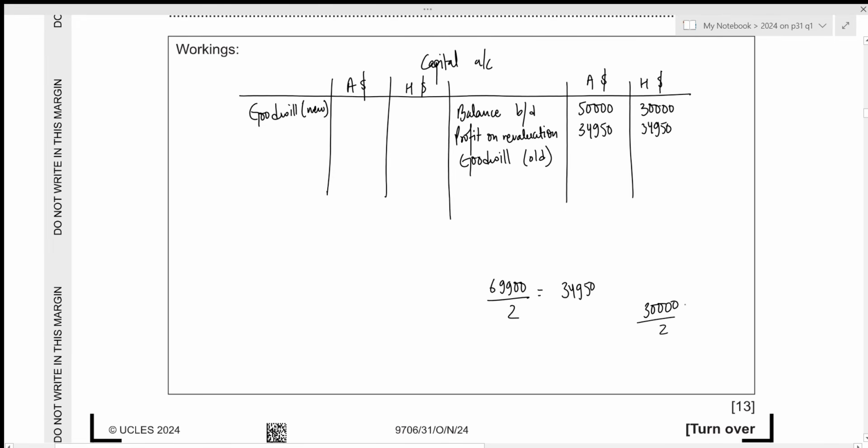If we divide it equally, that will be 15,000 each. So 15,000 for Angie, 15,000 for Harry. Now goodwill based on the new ratio is 3:1. So for Angie, that will be 30,000 times 3 out of 4 parts. For Harry, that will be 30,000 times 1 out of 4 parts. So the total goodwill based on the new ratio for Angie will be equal to 22,500. For Harry, that will be equal to 7,500.